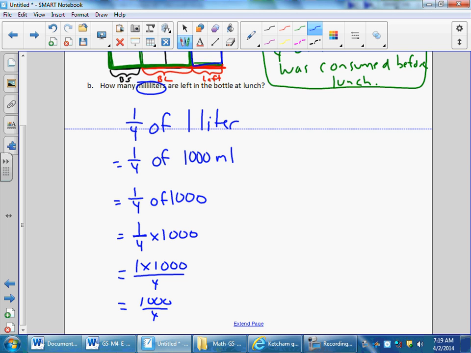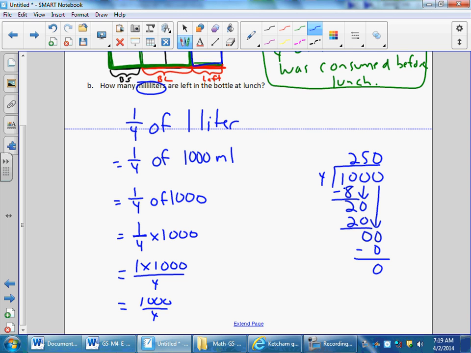If you need to do a standard algorithm, 1,000 divided by 4: 200s. Subtract, I get 200s. Bring down 0 tens, 5 tens, with no tens left over. No ones, it goes in nicely. We get 250 milliliters.